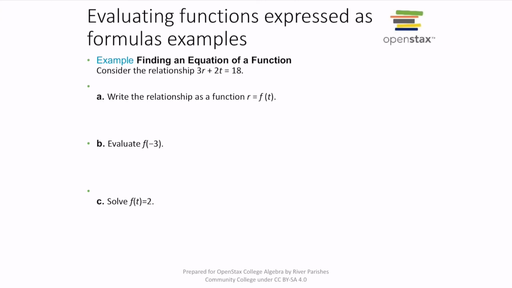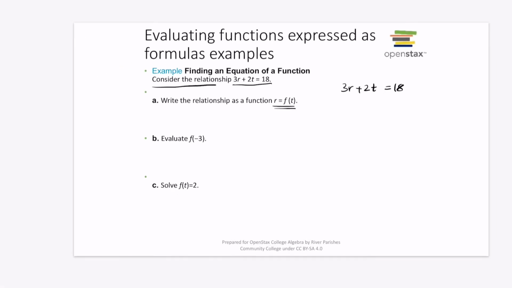Now let's try the example here. So consider the relationship 3r plus 2t equals 18. They are asking us to write the function as r equals f of t. Remember that on one side there should only be r, everything else should be on the other side. Now use this principle here. 3r plus 2t equals 18. How would you solve this now? We only need r. So push everything on the other side.